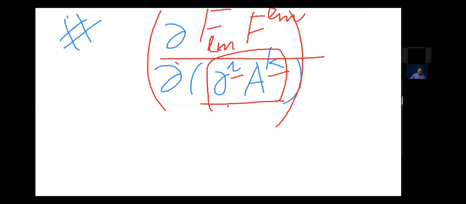Now I give you the answer to this. You should calculate this, and before calculating it, it is actually quadratic in the generalized velocity, so you should be able to calculate just the first term and then the derivative of the second term, and just FLM like that.